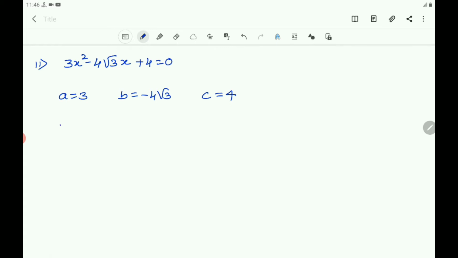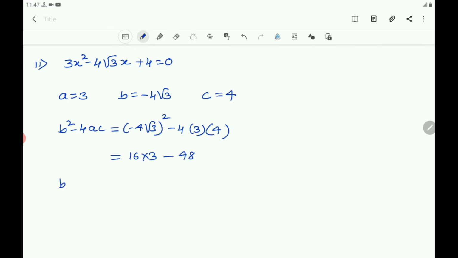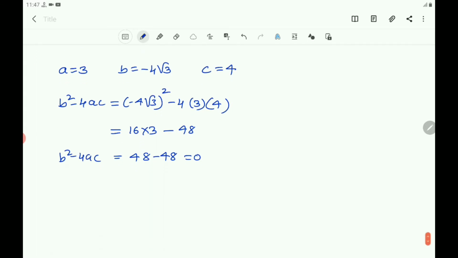Now write b² − 4ac. It is (−4√3)² − 4 × 3 × 4. (−4√3)² is 16 × 3, that is 48. So b² − 4ac = 48 − 48 = 0.